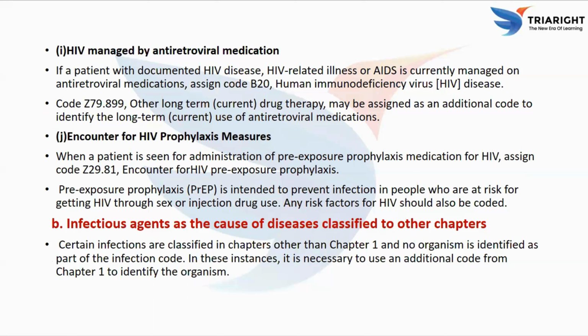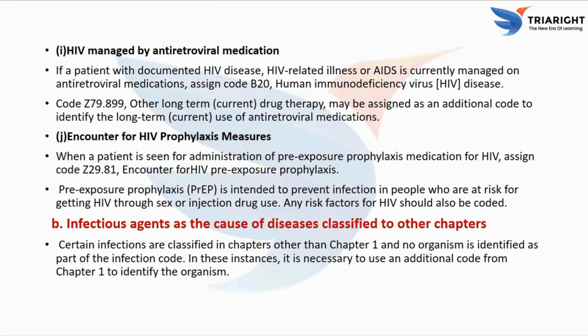This code indicates the patient is on long-term medications, for HIV patients on ART. This is very important. For a patient with HIV disease stable on antiretroviral medications, you code B20 and Z79.899, long-term drug therapy. Students may mistakenly think asymptomatic HIV patients on ART should be coded Z21. This is incorrect. You code only B20, because antiretroviral medication is a medical management of HIV disease. So this is the I guideline.